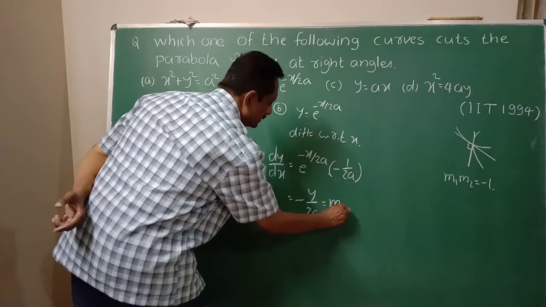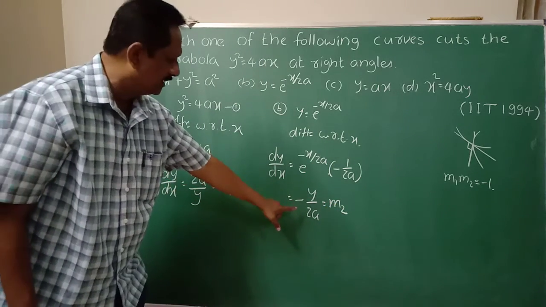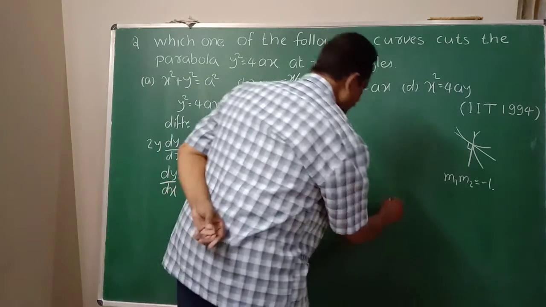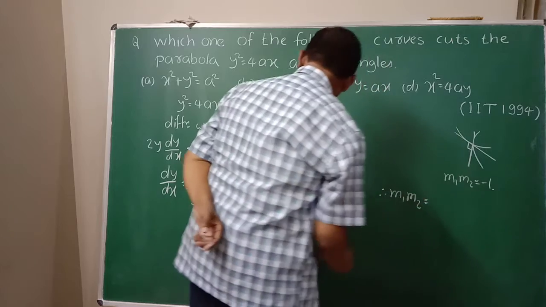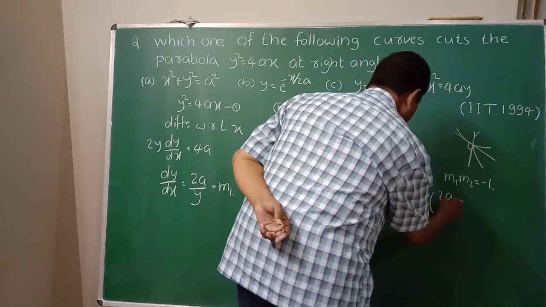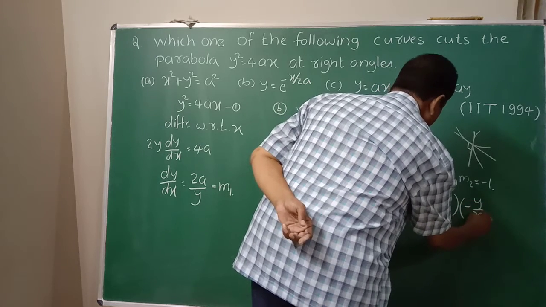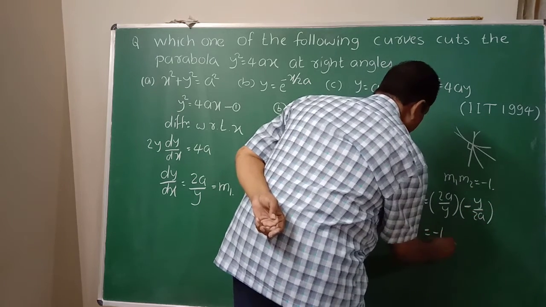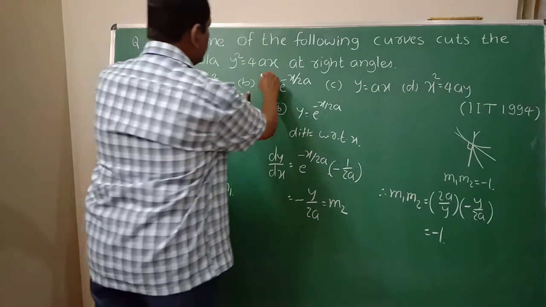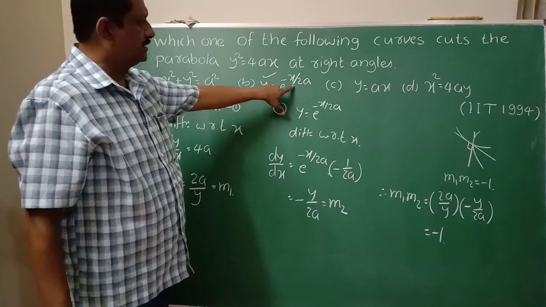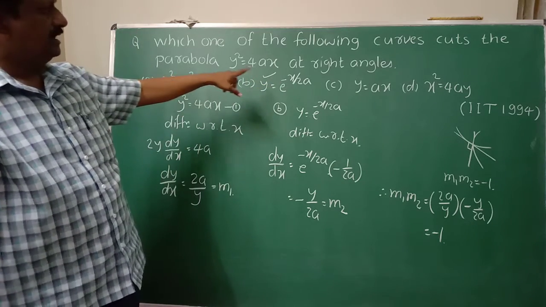So consider this as m2. So m1 is 2a upon y and m2 is minus y upon 2a. Therefore m1 m2 is equal to 2a divided by y into minus of y divided by 2a, which is equal to minus 1. Therefore the curve y is equal to e raised to minus x upon 2a and y square is equal to 4ax cut each other at right angles.